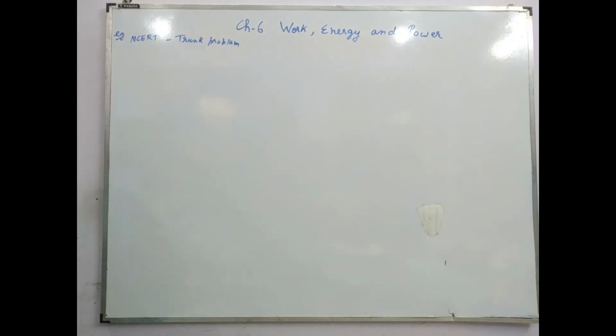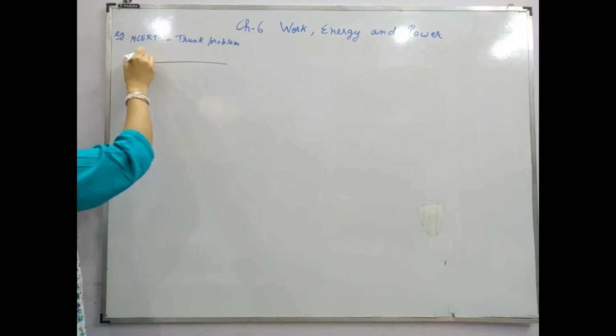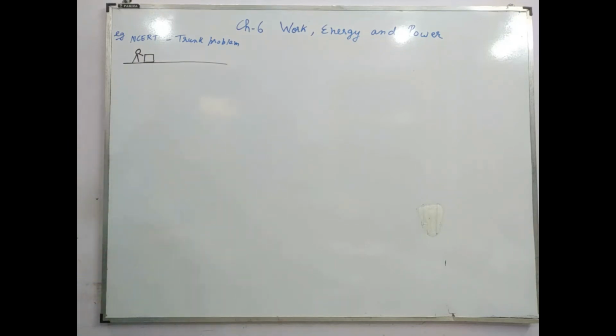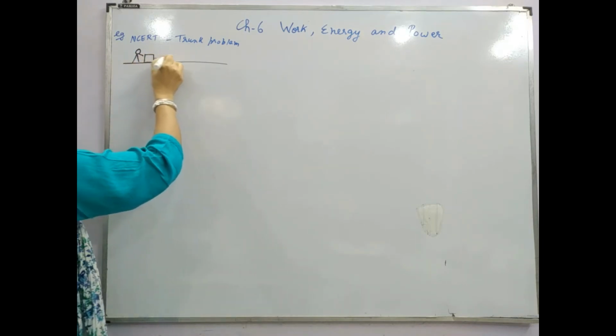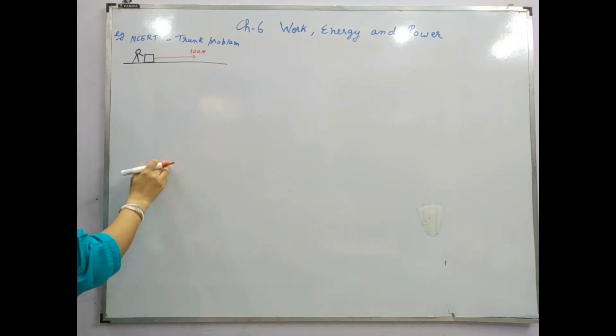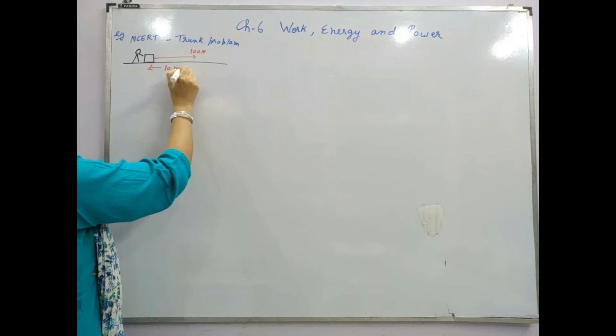In this question, it says that a woman pushes a trunk on a railway platform. So she is actually pushing a trunk on a railway platform. She supplies a force of 100 Newton over a distance of 10 meters.